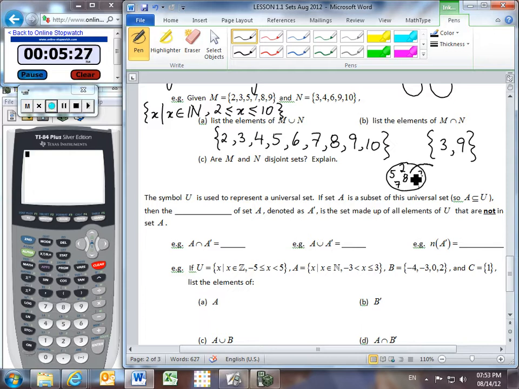So the 3 and the 9 are also inside set N, and we've also got numbers 4, 6, and 10 in N, which are not in M. And you can see that our intersection here, 3 and 9, is not empty, and thus, no, the sets are not disjoint. And we can say, since the intersection is not empty.